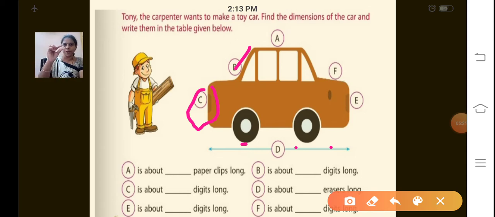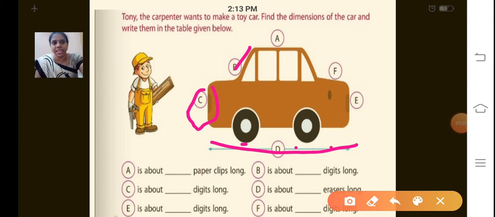So keep your eraser and you can find out the entire length, D length. Okay. E is about dash digits long. Same way, you keep this finger. And F is also the same thing. You're going to keep your index finger and find out the value for this. Yes, will you do this as homework?